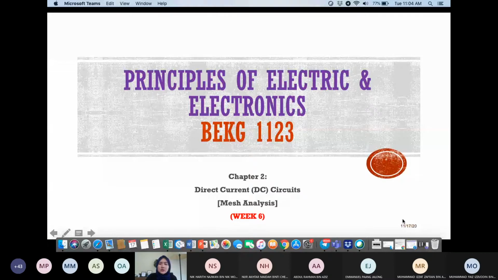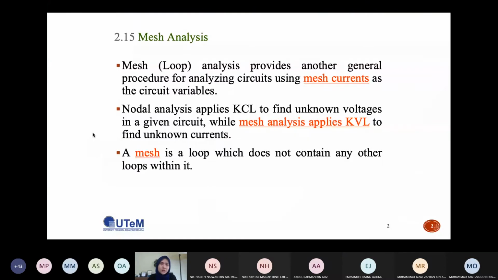Okay, so what is mesh analysis? If you look at your slide over here, mesh analysis is another procedure for analyzing circuits using mesh current as the circuit variable. Last week you learned how to analyze circuits using nodal analysis. Basically, nodal analysis uses KCL, Kirchhoff current law.